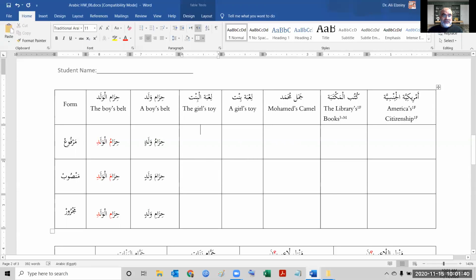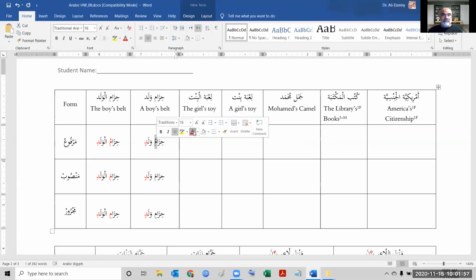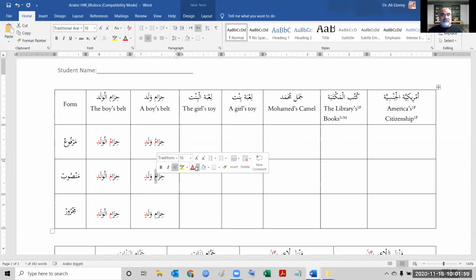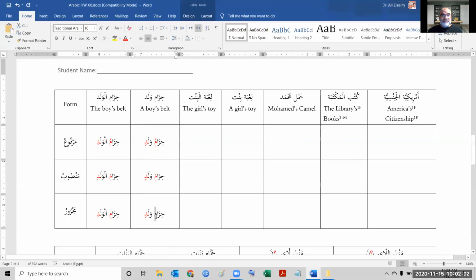Now you notice that turns into tanween when we remove the alif lam. Then tanween is possible. And since sarf is allowed, then tanween is possible. And this is here dhamma, fatha, kasra.